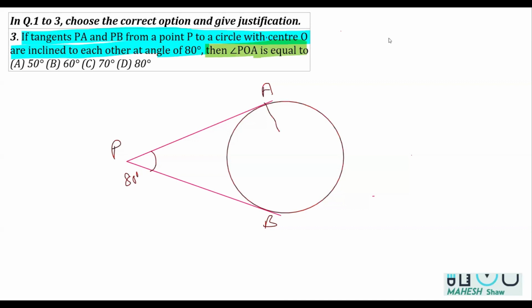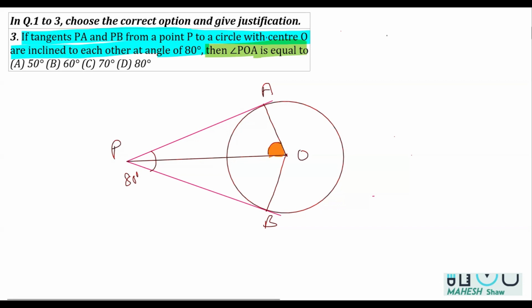So let me choose the center first, and then I'm going to join this and this, that is, the points of contact. So this is the center, and we have to get the value of POA. That means we need to join PO also. I join PO. We have to determine the value of this angle.